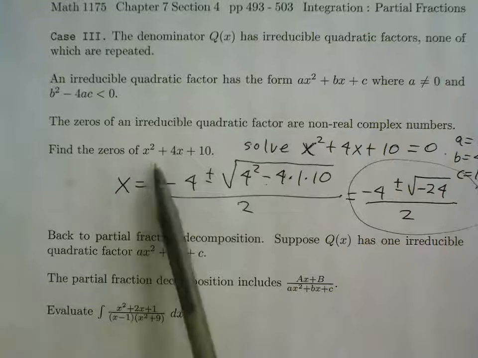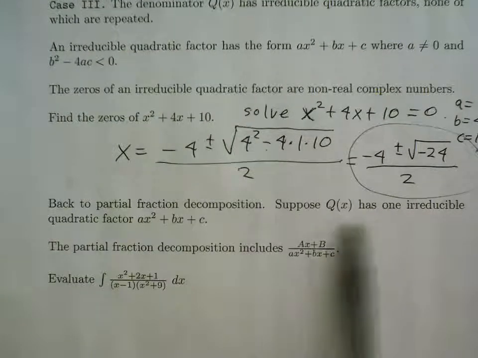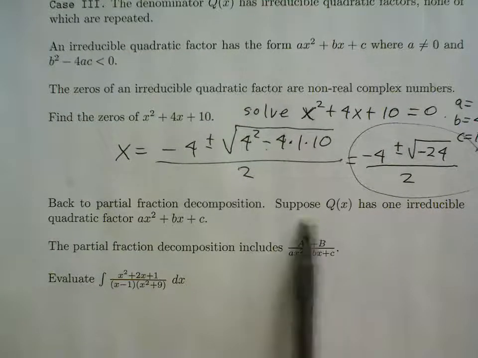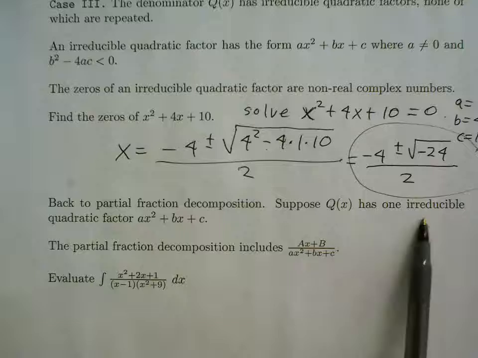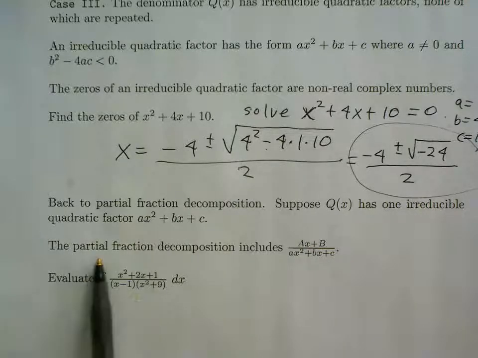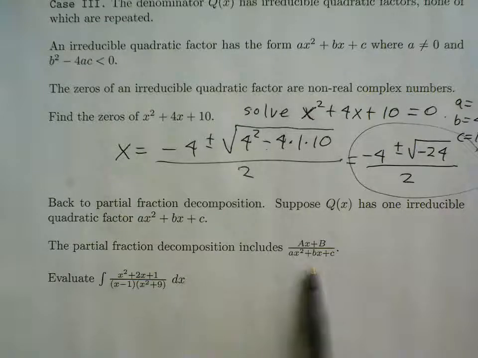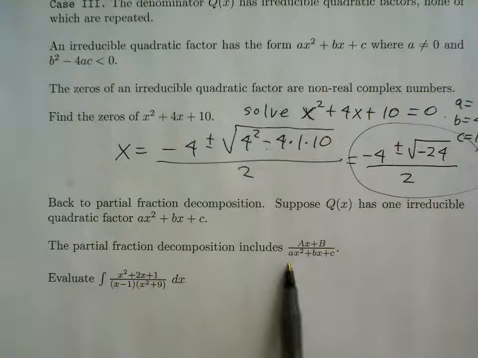In other words, it cannot be factored over the real numbers. If our denominator has one irreducible quadratic factor, then the partial fraction decomposition includes this expression, ax plus b over ax squared plus bx plus c.